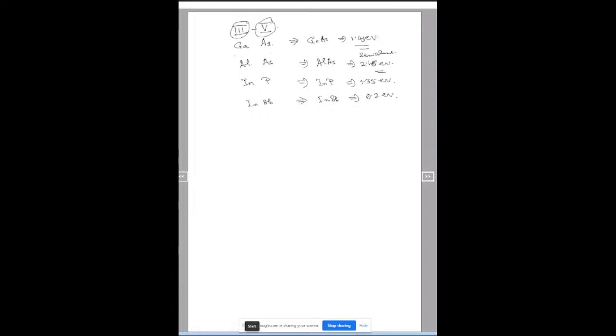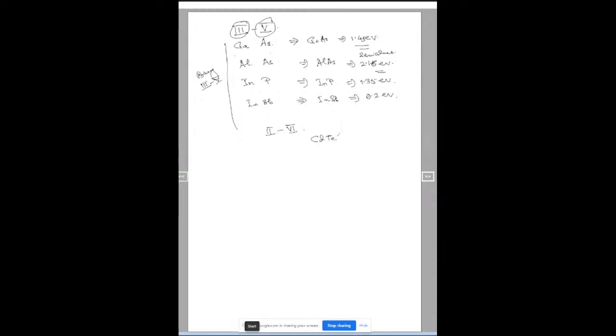Since 2 elements are involved, they are called binary 3,5 semiconductors, right? Likewise, you can have 2,6 materials also.